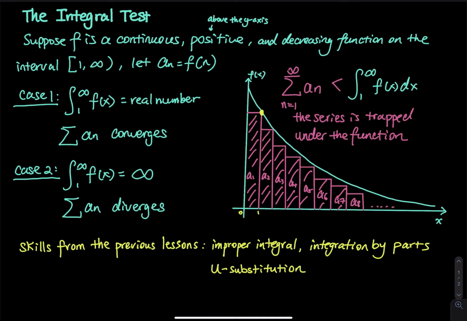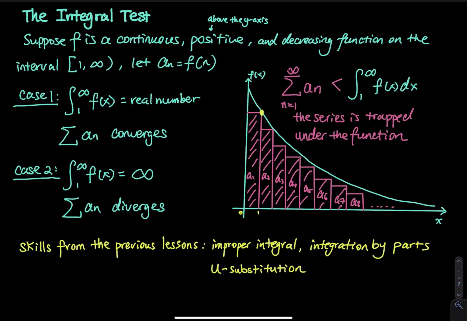Okay, so there are two cases. Case 1 is the result of the definite integral is a real number. So let's say the area is equal to 10. So 10 is a real number. Since 10 is a real number and the summation, the series, is slightly less than the real number, that means the sum is convergent.